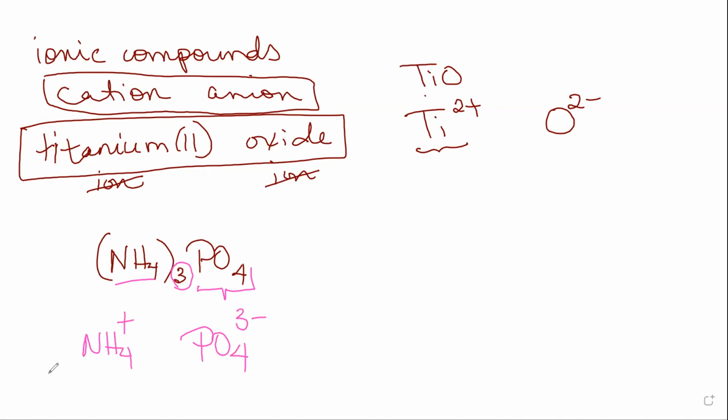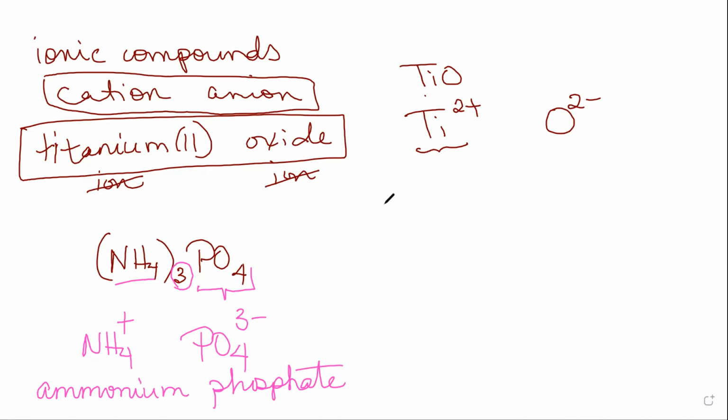But now you know this is my ammonium. And this is my phosphate ion. So the name of this will just be ammonium phosphate. Just your cation name, anion name. We don't need to write the charges on ammonium. We have that memorized. Okay.